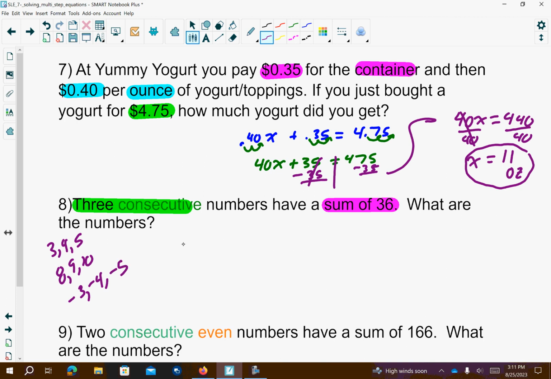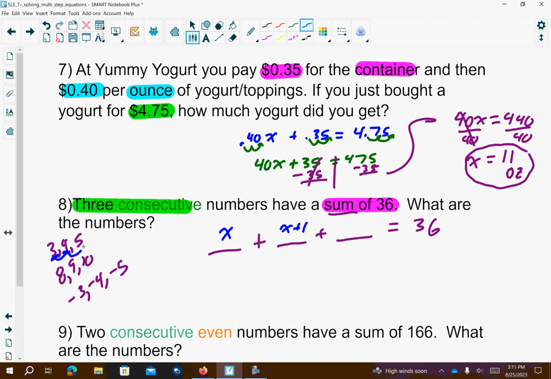Okay, so let's think about this. I have three consecutive numbers, and they have a sum, so I'm going to add them up, and they equal 36. If my first number is x, what would I have to add to x? Let's say x is 3. What would I have to add to 3 to get to 4? Right, 1.